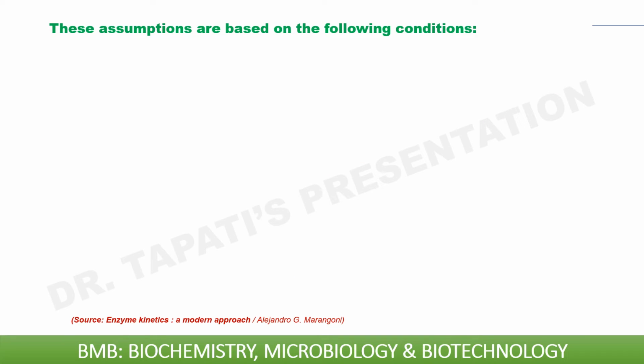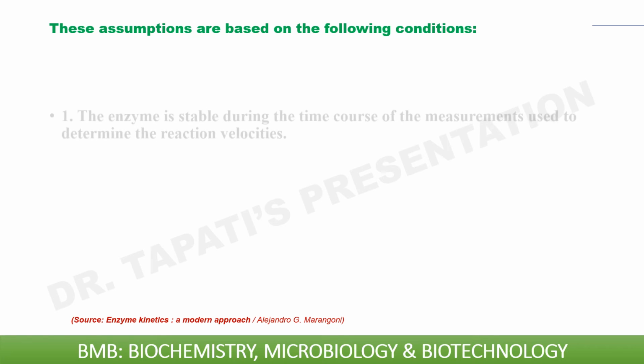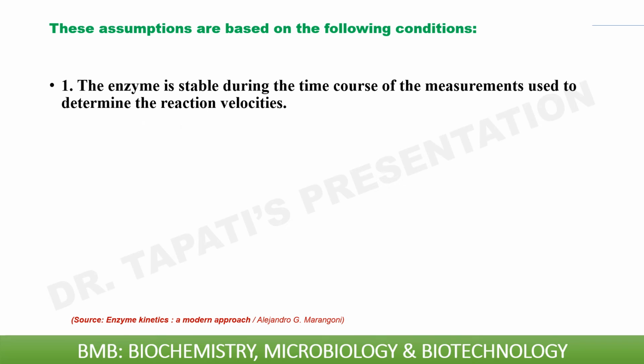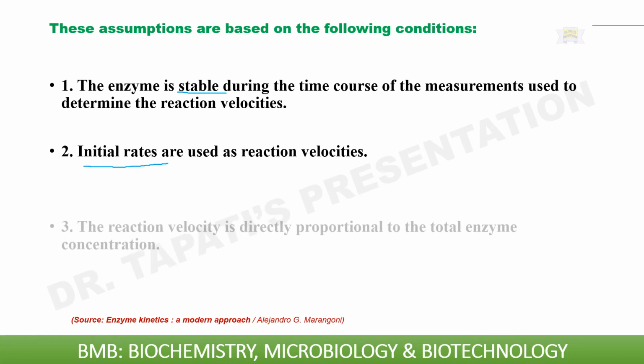Those assumptions are based on the following conditions. First, the enzyme is stable during the time course of the measurements used to determine the reaction velocities. Second, the initial rate is used as the reaction velocity.